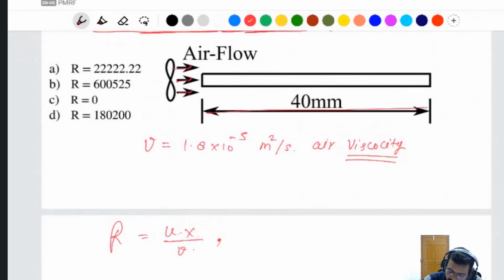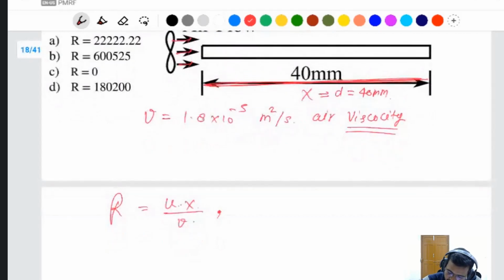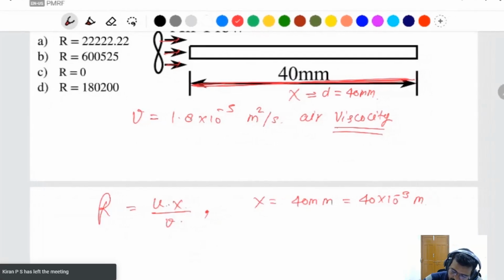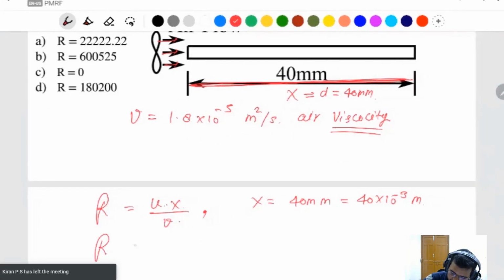This is dimension 40 mm, the x dimension or characteristic dimension, 40 mm. Then you can calculate Reynolds number.